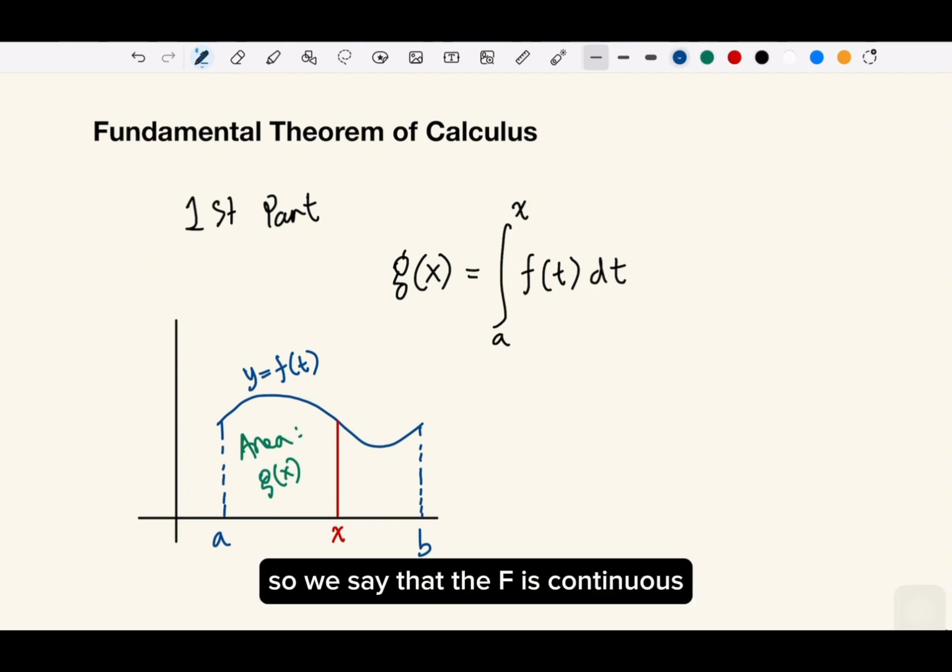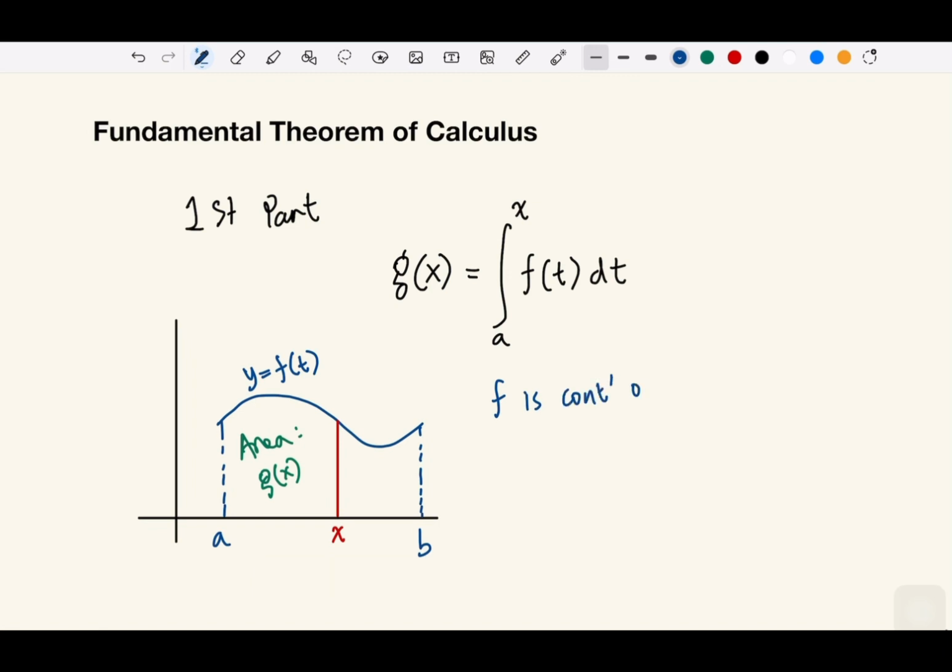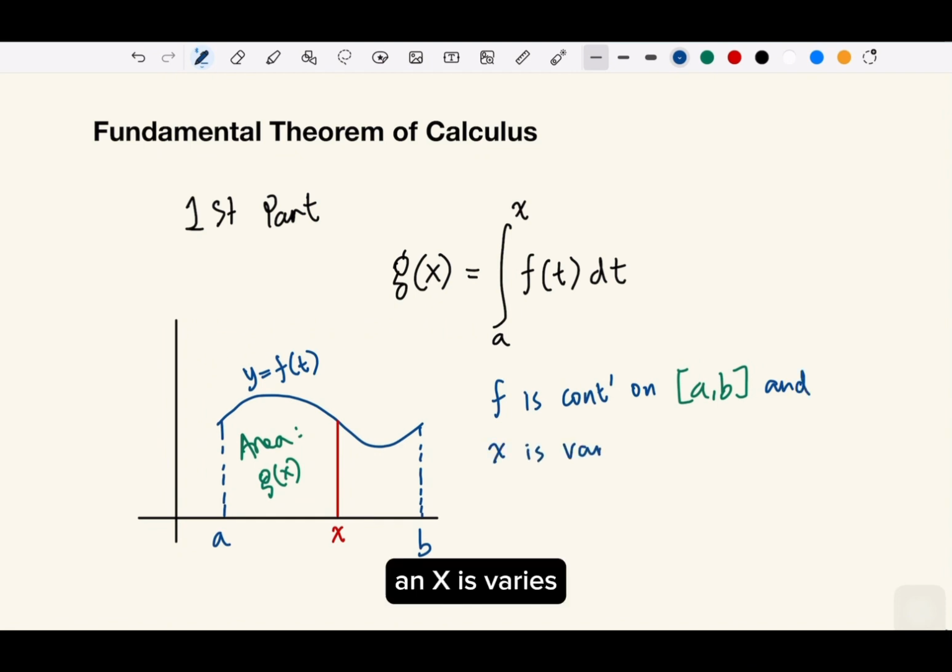So we say that the f is continuous on the interval [a, b], and x varies between a and b.